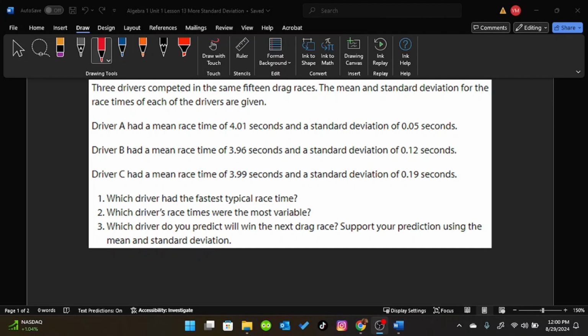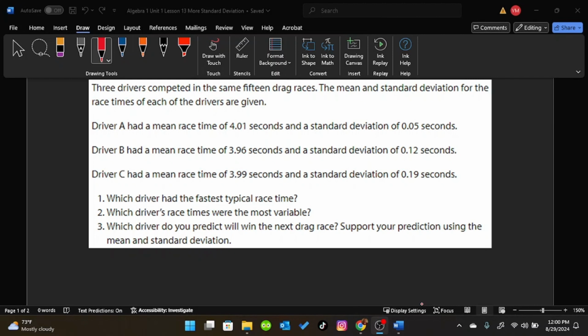Driver B had a mean race time of 3.96 seconds and a standard deviation of 0.12 seconds. Driver C had a mean race time of 3.99 seconds and a standard deviation of 0.19 seconds. Which driver had the fastest typical time?